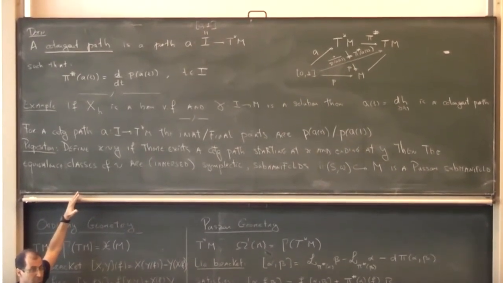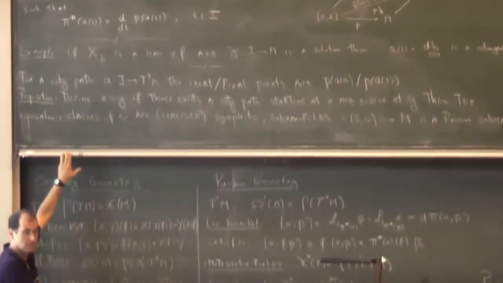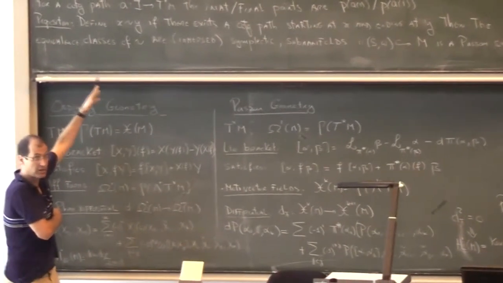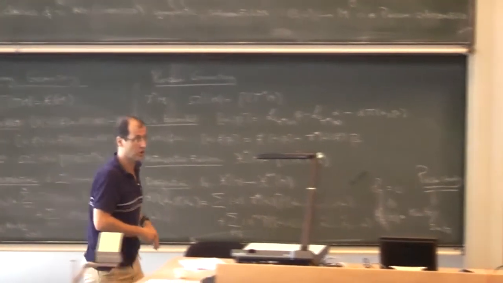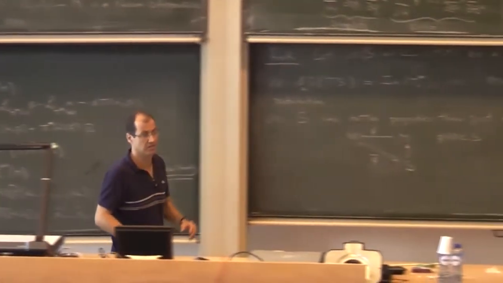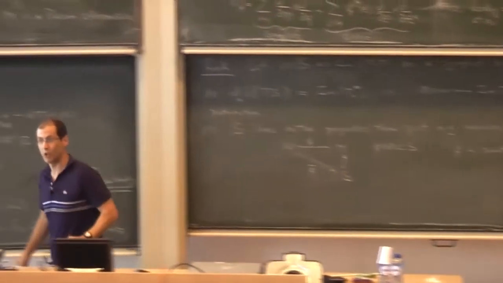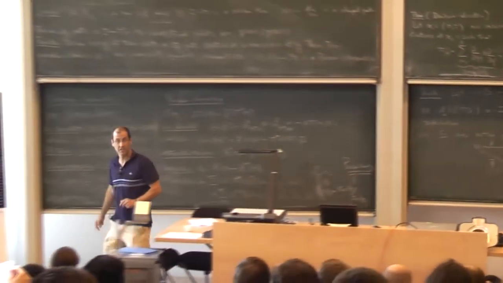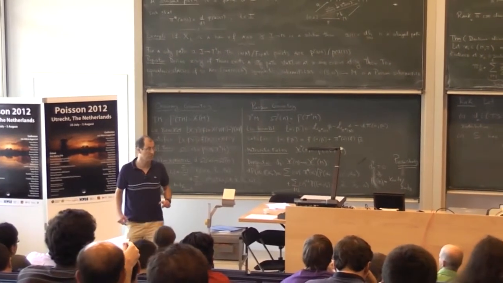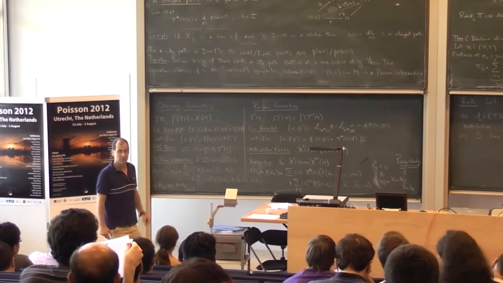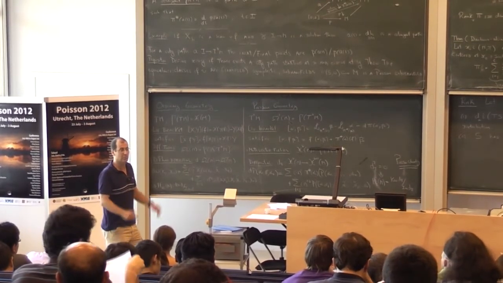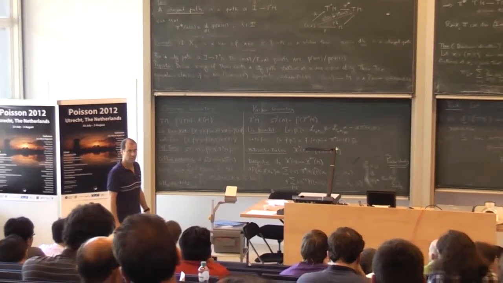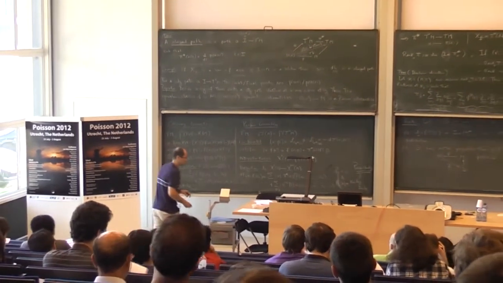What is homotopy of cotangent paths? And that's really one of the deepest things in Poisson geometry that you have to understand if you want to do global Poisson geometry. So the next lecture will be basically about homotopies of cotangent paths and, if you want, the Poisson fundamental group. Right? Okay, so we continue tomorrow.